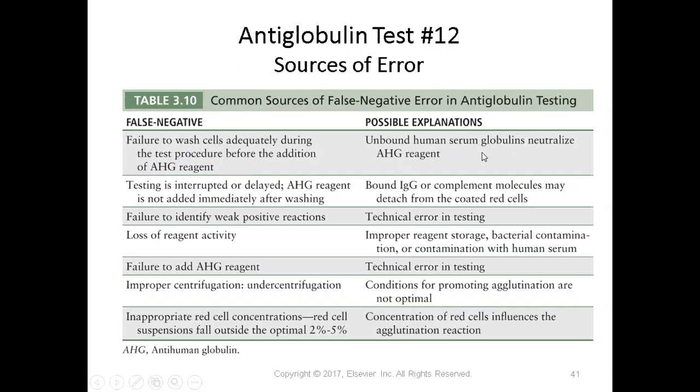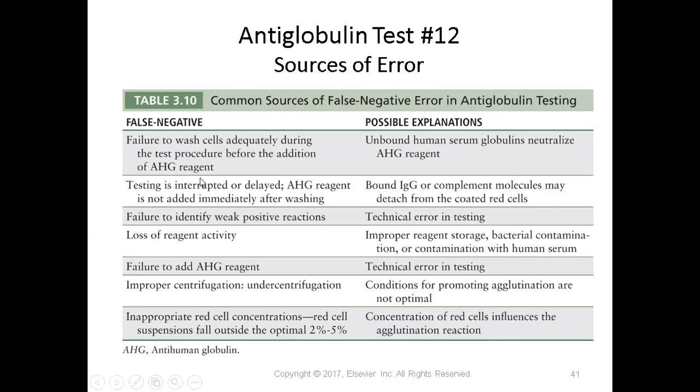And what happens is it looks like a false negative in our test system because these junk antibodies aren't attached to a red cell. So if the AHG just binds to some antibody that's floating around, we're not going to see agglutination in the tube. But basically these binding sites are taken up, so they're not able to bind to sensitized red cells that might be present. And we're going to look at a slide about that in a minute. So improper washing leads to false negatives.